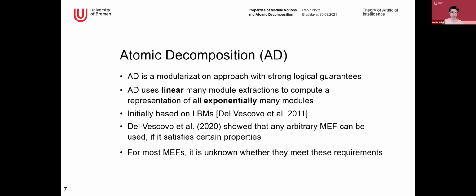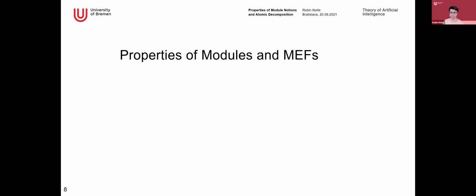So I have to give you a quick overview of the properties that we're talking about. These properties are not only relevant for atomic decomposition, but for module extraction in general. Many applications depend on these properties additionally to inseparability. The most well-known property is self-containment, which is that M is not only inseparable from T with regard to the seed signature, but also with regard to its own signature.